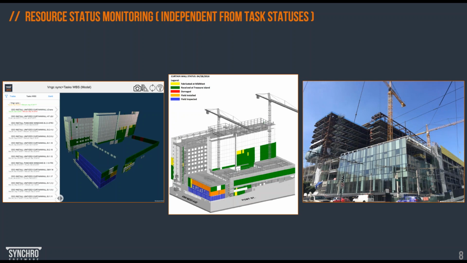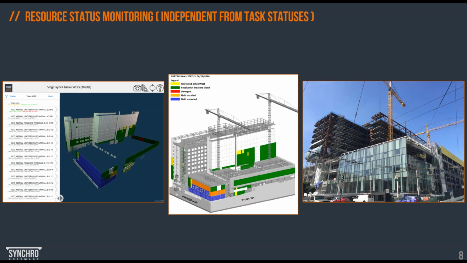And that kind of layout you can produce from SYNCHRO. So in the slide here, in the middle of the screen, that's a SYNCHRO snapshot with the profiles from resource status profiles. Different colors will mean different things. You can define those statuses. Again, it's user-driven, user-defined.